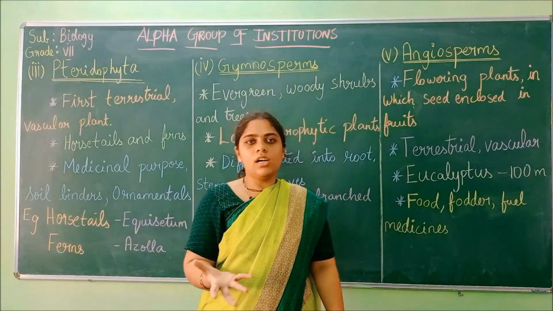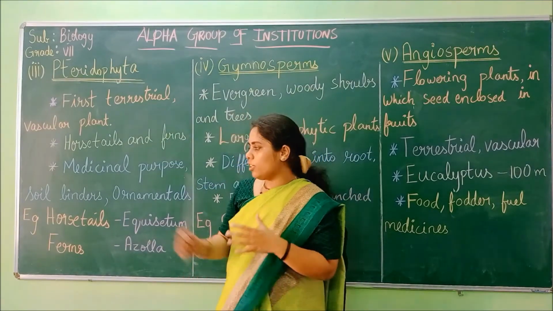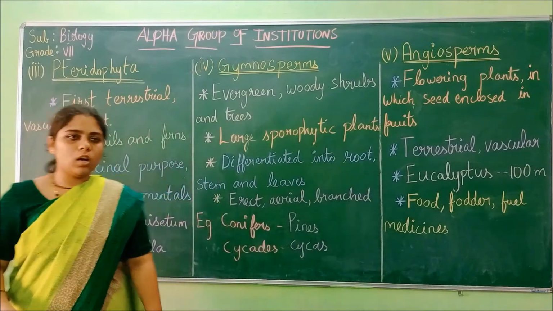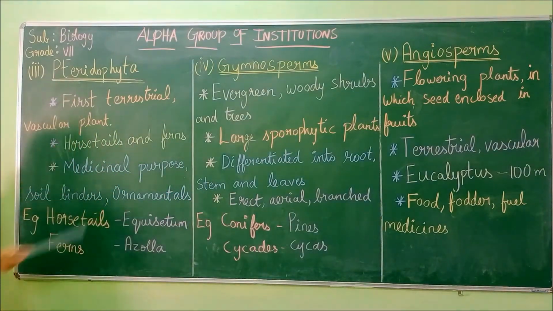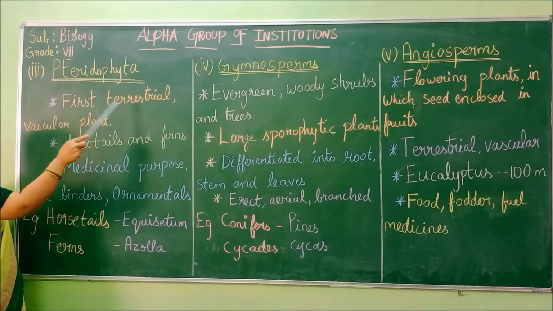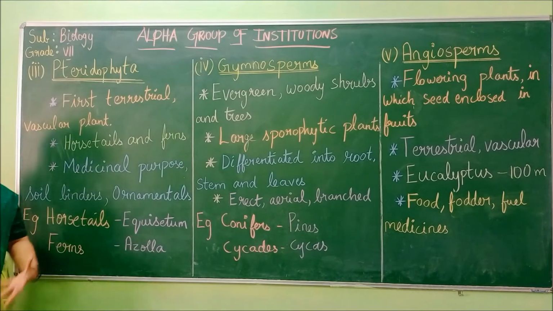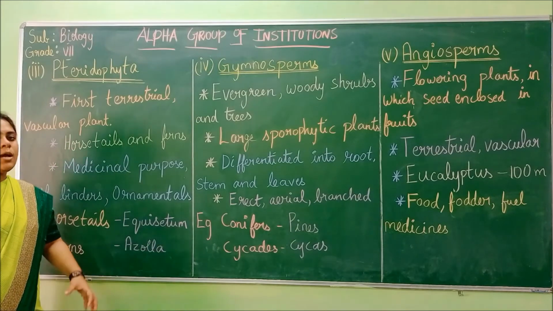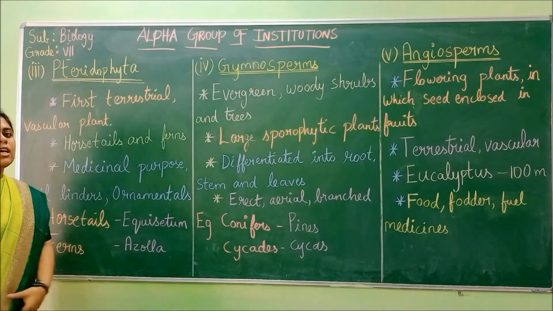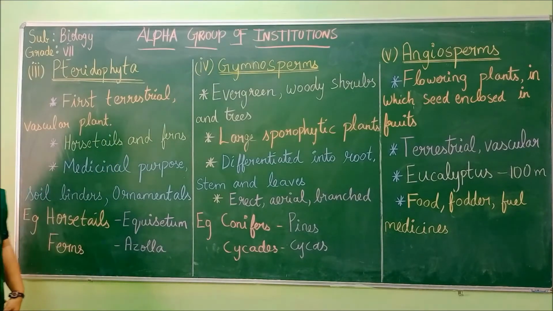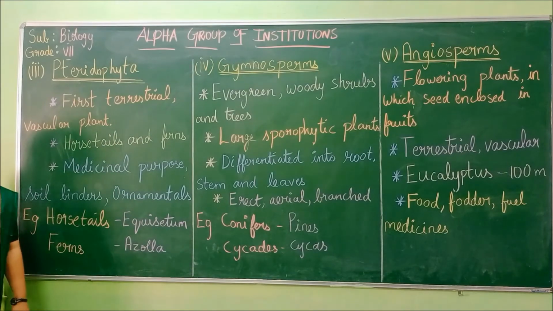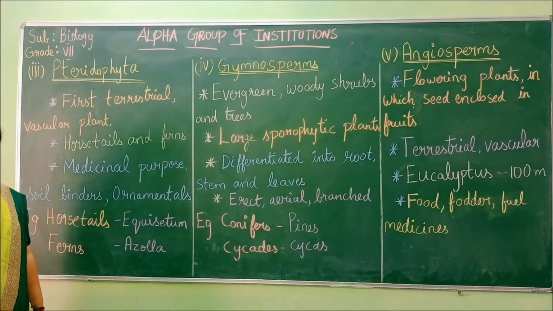Now I will give you a recap on this topic. First, what we saw, Pteridophyta. It is the first terrestrial vascular plant. Terrestrial means it grows only on land. Vascular means the presence of xylem and phloem.